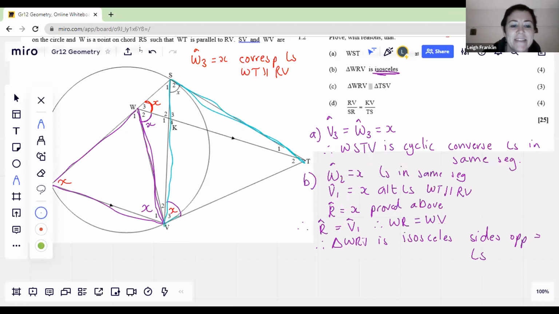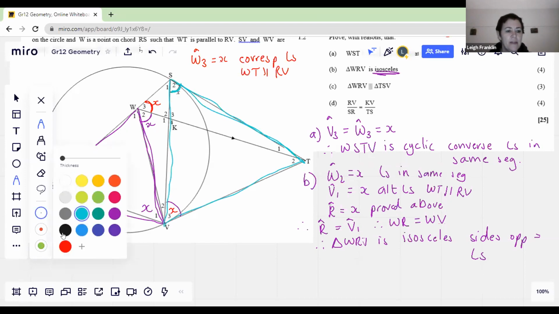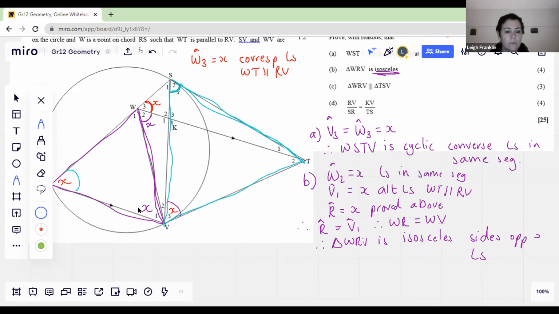Trying to draw straight lines on this Wacom board is not easy. All right, so again, this is not particularly difficult. Can you see we've got an angle X over here and we've got an angle X over there. And then we've got an angle X over here and an angle X over here. And then that means that W1 must be equal to the whole of angle T because of angle sum in triangle. So it's actually not a particularly difficult one to prove.